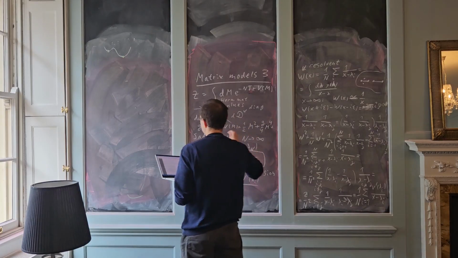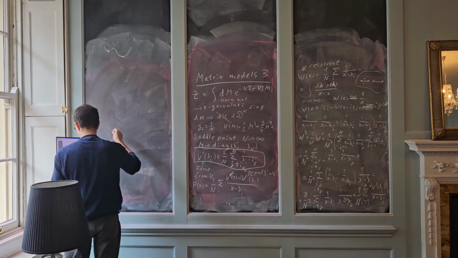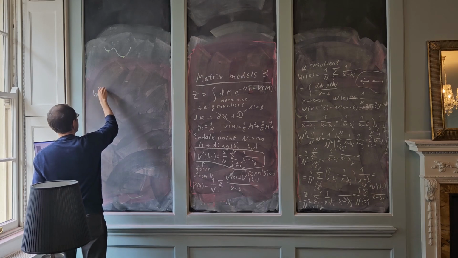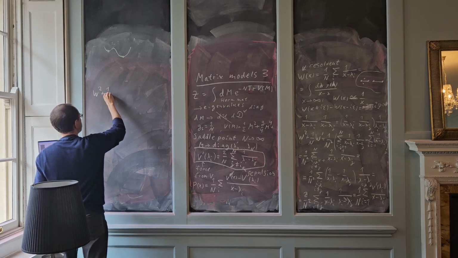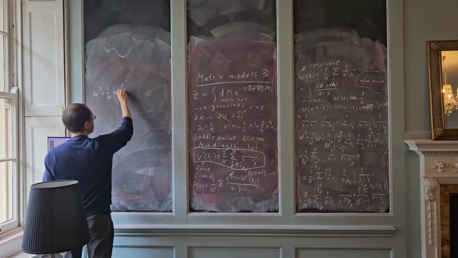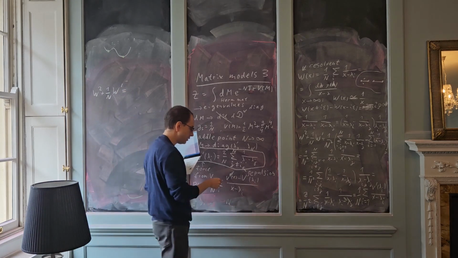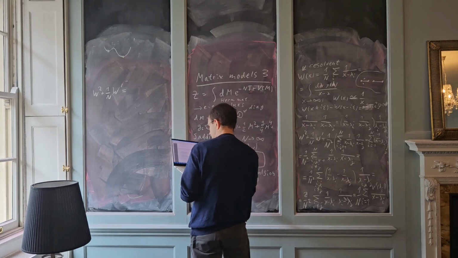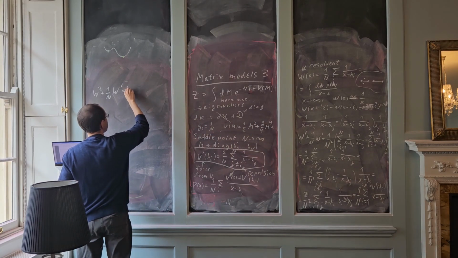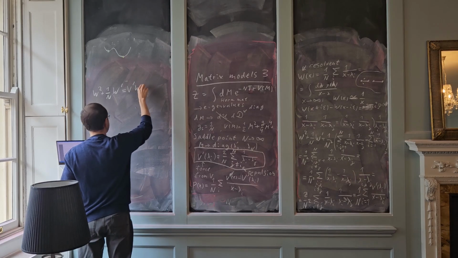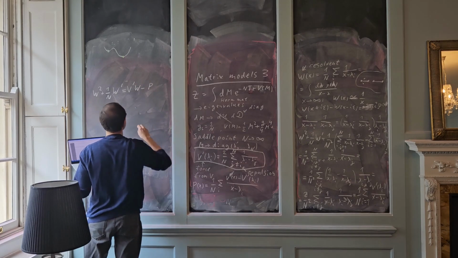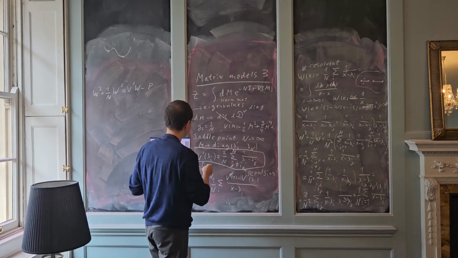So we have w squared plus 1 over n w prime equals, well, let me just write the result: v prime w minus p. Why?